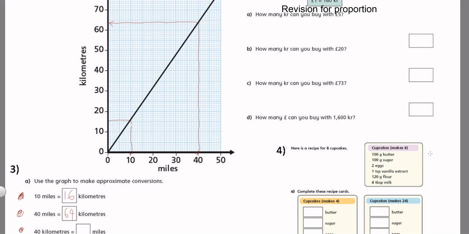You've got to look for kilometers. Remember, this is kilometers over here. Locate 40 kilometers right there. So that looks like I'm pointing at 20, 21, 22, 23, 25 miles.